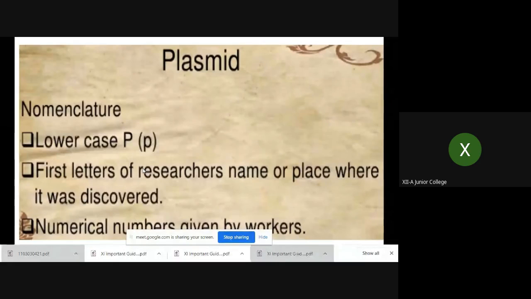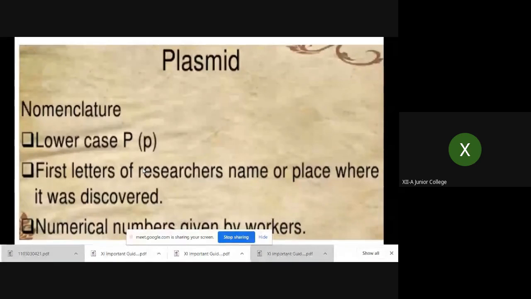Now, just like last time we studied the nomenclature of enzymes, right? Here plasmids are also named. So how are they named? First of all, P is used for plasmid, but in lower case.